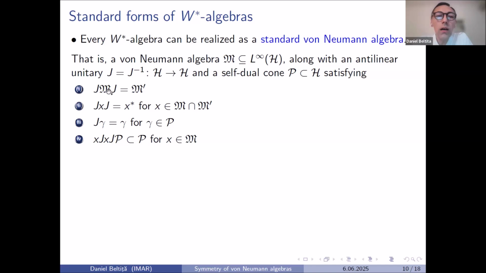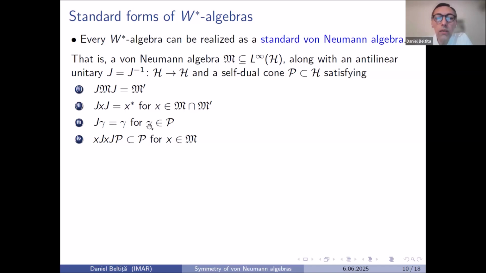So the algebra is unlike the case of L infinity of H, where the algebra is everything and the commutant is very small, just one-dimensional. In the standard picture, the algebra and the commutant have the same size. For elements in the center, this isomorphism acts as the adjoint.